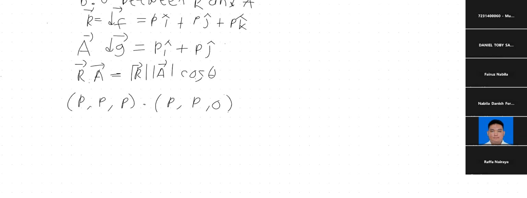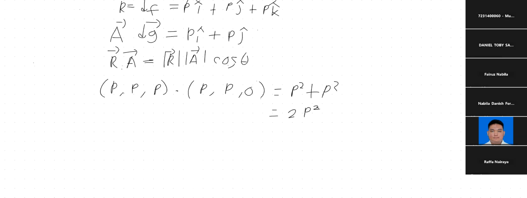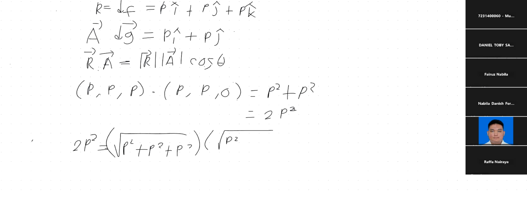That is going to equal P squared plus P squared, so 2P squared. Now we take the magnitude of R, which is P squared plus P squared plus P squared, and multiply that by the magnitude of A, P squared plus P squared.